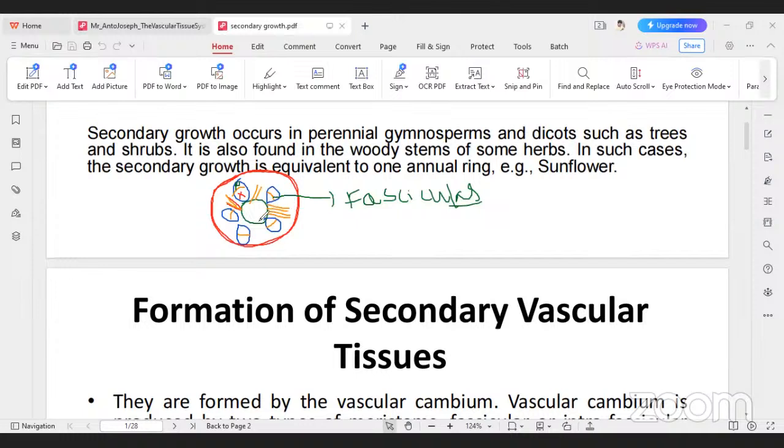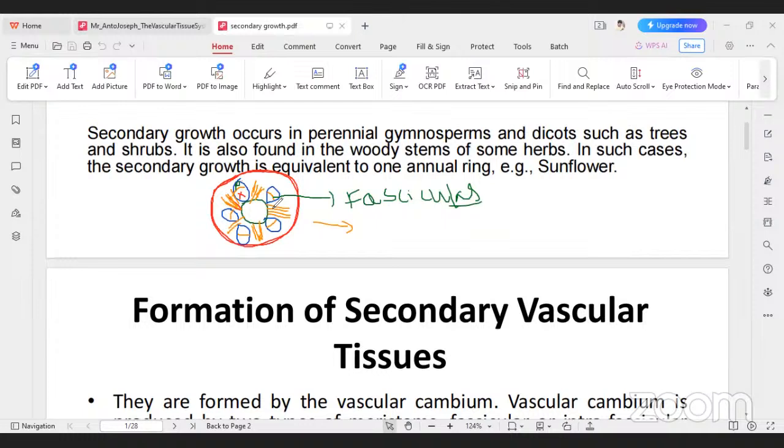I already told you when I explained the medulla, the function of medullary rays. What is the function of medullary rays? Medullary rays can perform as a meristematic tissue. Actually, these rays are not meristematic cells.